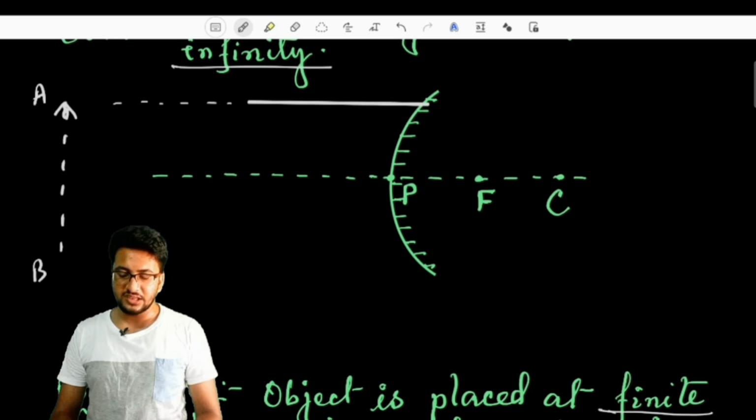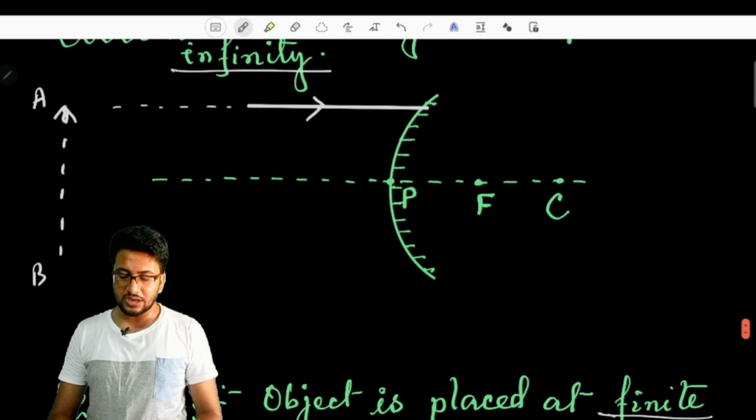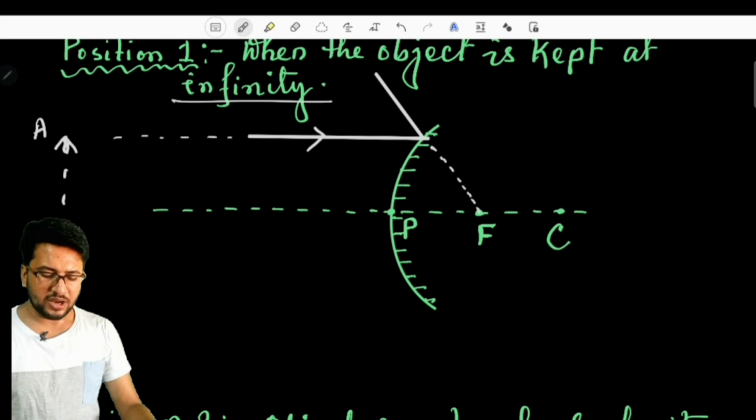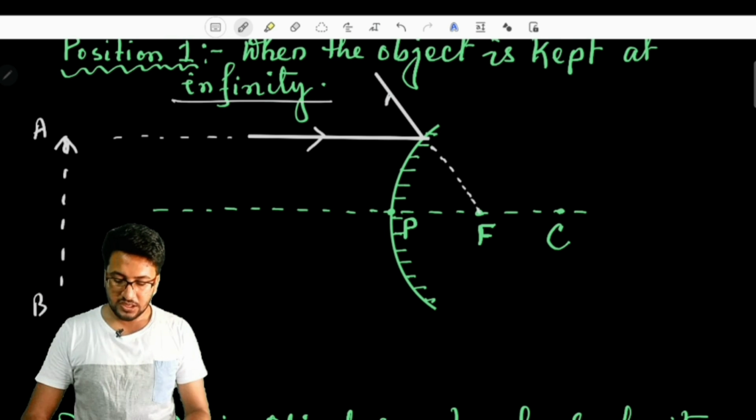What happens in that case? Rule number 1 will be followed. That means the light ray will be diverged in such a way that it appears to come out from a point which we call the focus.